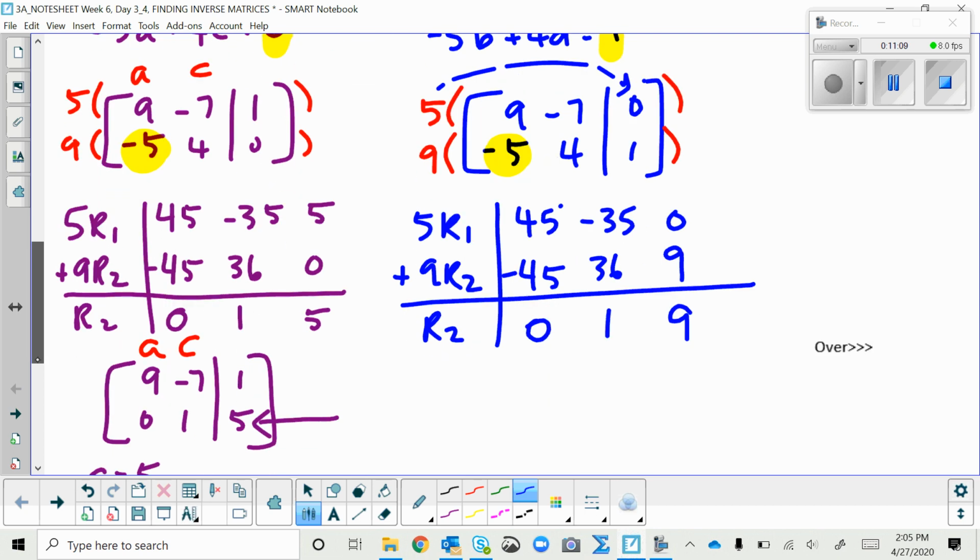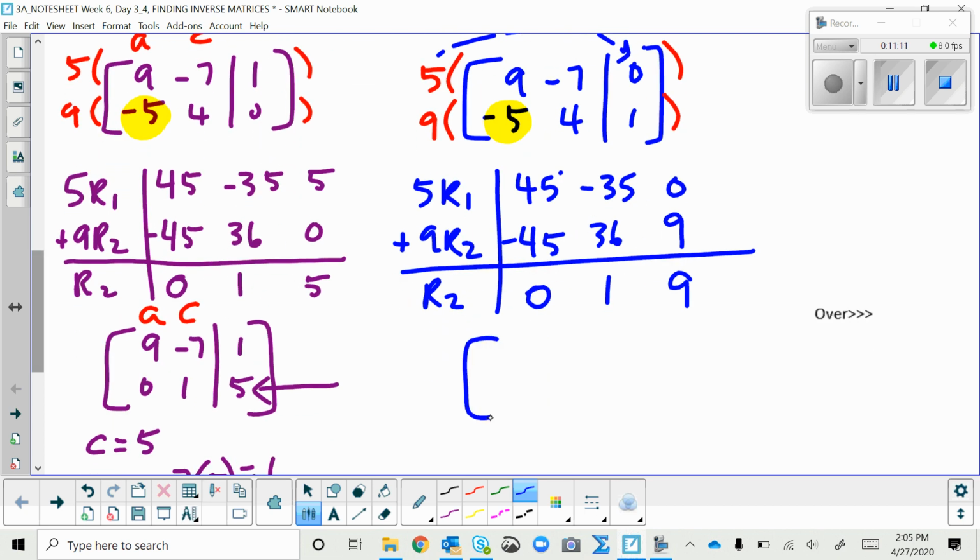So when I write my new matrix, that constant on the bottom right is 9, and it's not 5 like it was before. But let's remember for a second, the columns in this matrix, it's no longer A and C. It's what?